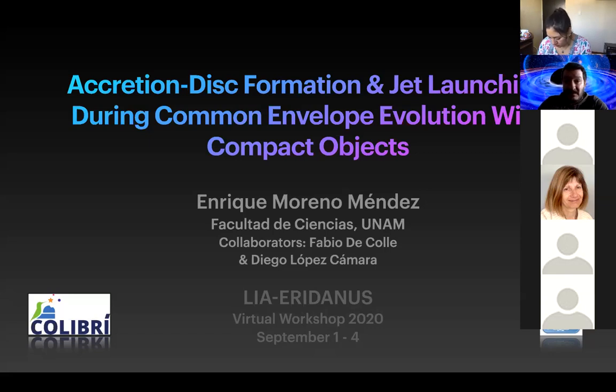And when you get a common envelope, you probably have to get an accretion disk formed around a compact object, and also launch jets during, or you could launch a jet during this stage. So I'll be studying a little bit of that, which is some work I have done with Fabio and Diego here, who also gave talks today.